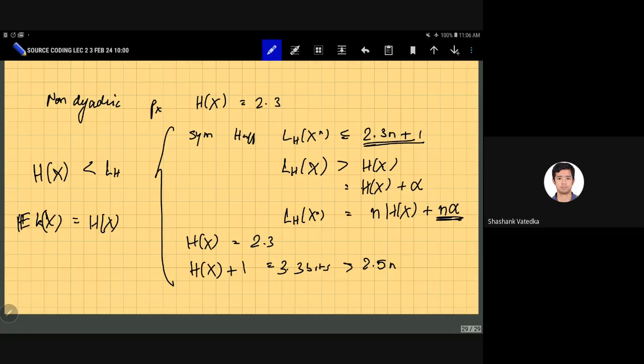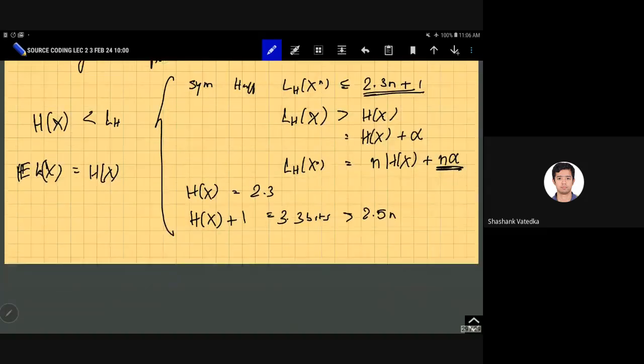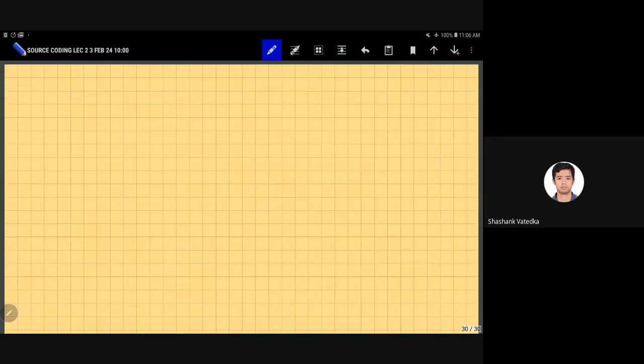So for the second question, consider a dyadic distribution with entropy 1.5 bits. The first statement was symbol-wise Huffman encoding achieves expected length less than or equal to 1.5 n bits. So 1.5 n is in fact n times the entropy of the source. And for a dyadic distribution, Huffman codes achieve entropy.